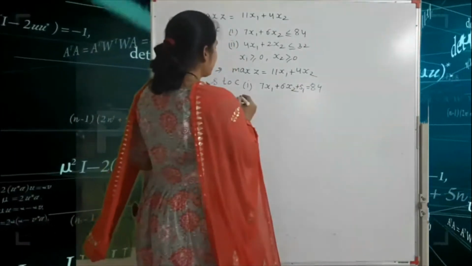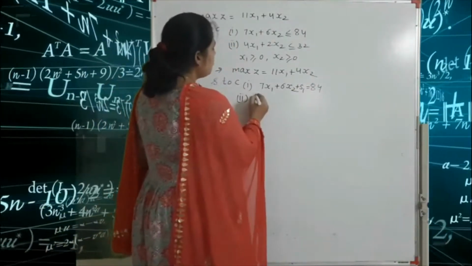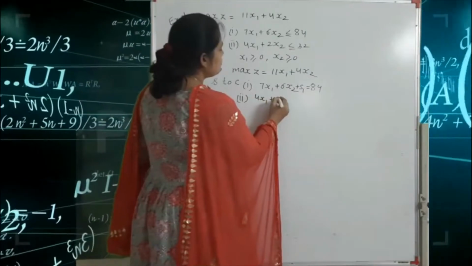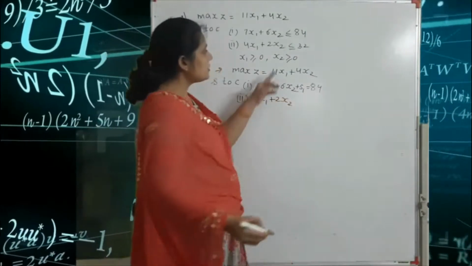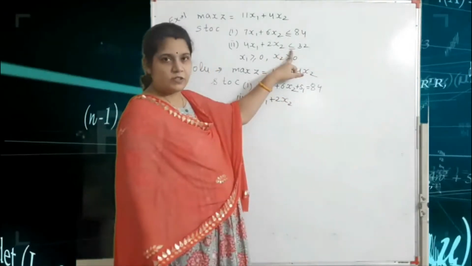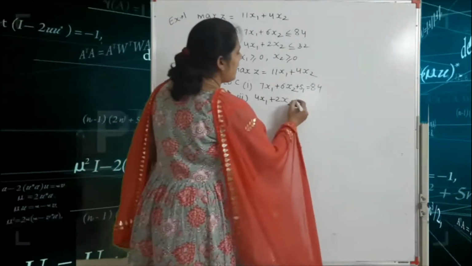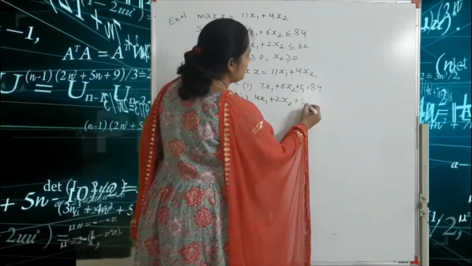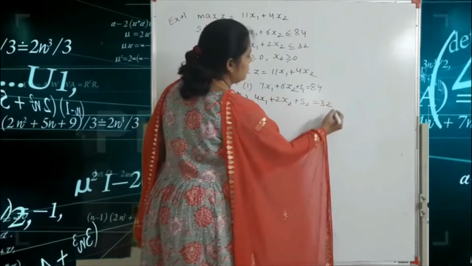Got it? The second equation is 4x1 plus 2x2. This is also a less than or equal to type equation, so we add the second slack variable, s2, is equal to 32.